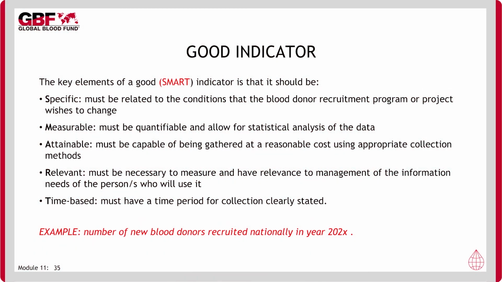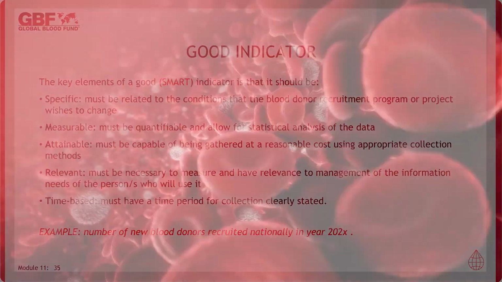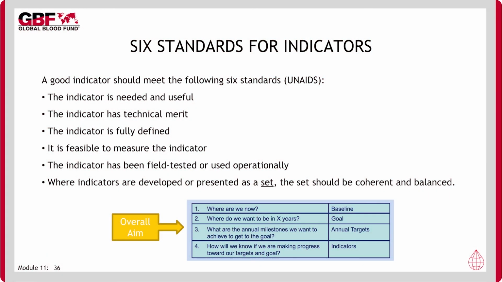Just like the objectives, the indicators must be SMART, as discussed earlier. An example of an indicator is the number of new blood donors recruited nationally in year X. According to UNAIDS, a good indicator should meet the 6 standards shown on the slide.